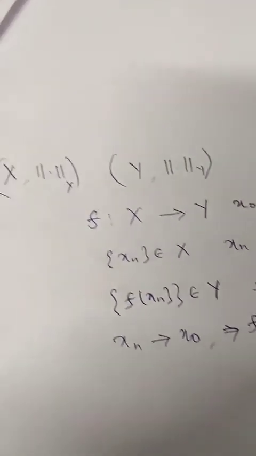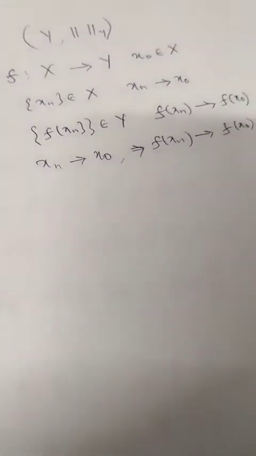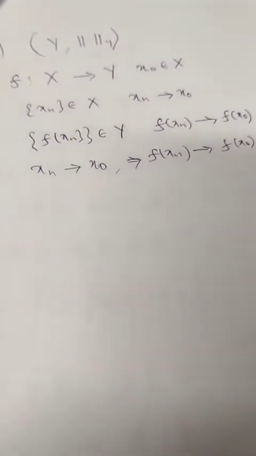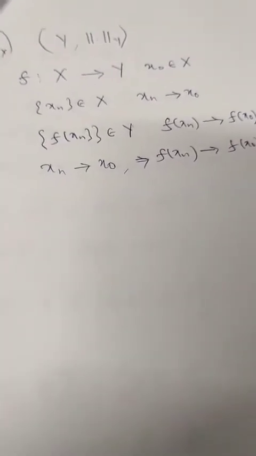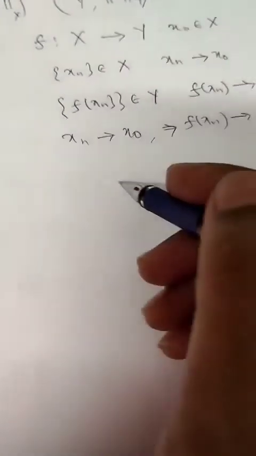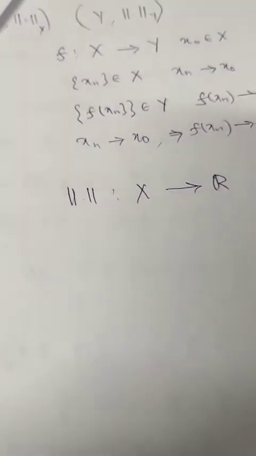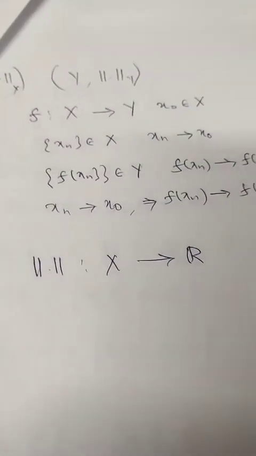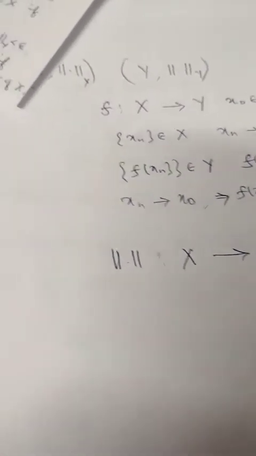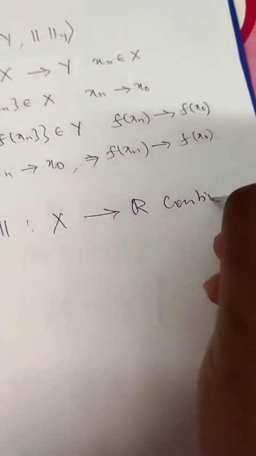for our further study. In fact we can show that the norm itself, which is defined on the vector space or the linear space, is a real valued function, as you know, and it is itself a continuous function. If you want to see this, I will use the second definition to prove that the norm itself is a continuous function.